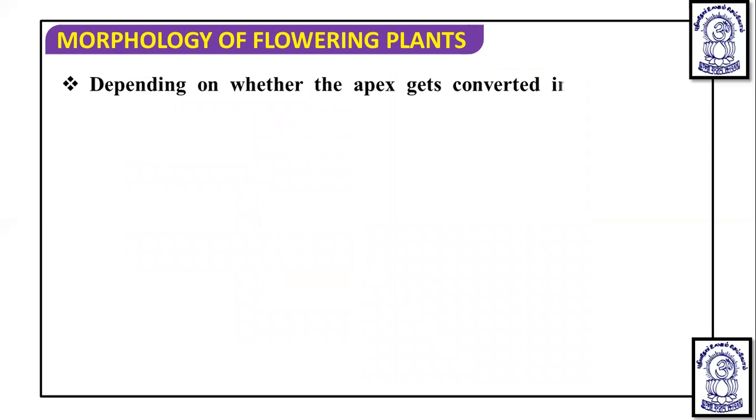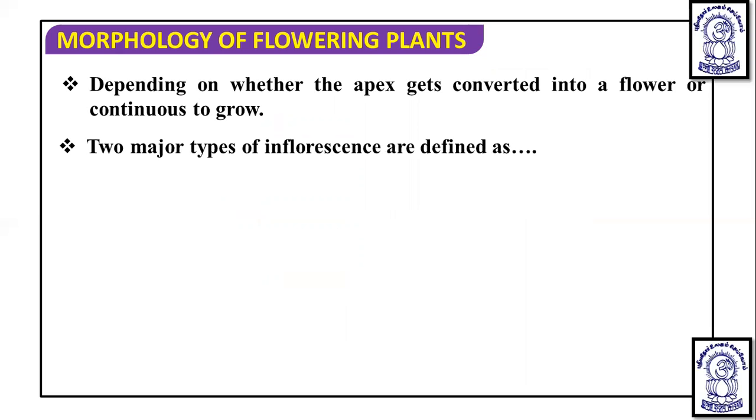Now, depending on whether the apex gets converted into a flower or continues to grow, two major types of inflorescence are defined. If the apex keeps on growing without terminating into a flower, it is one type. If the growing point terminates into a flower, it is another type.